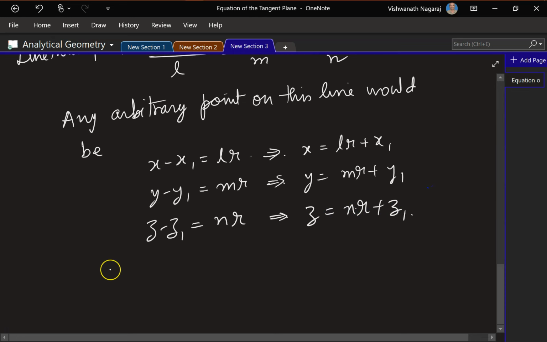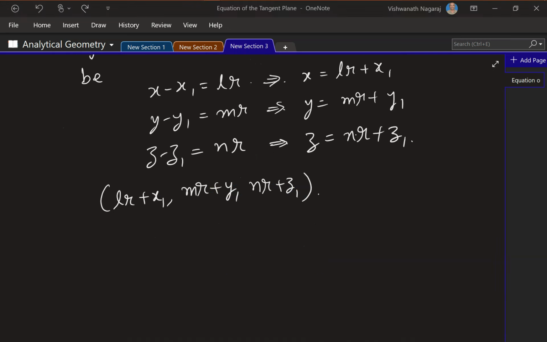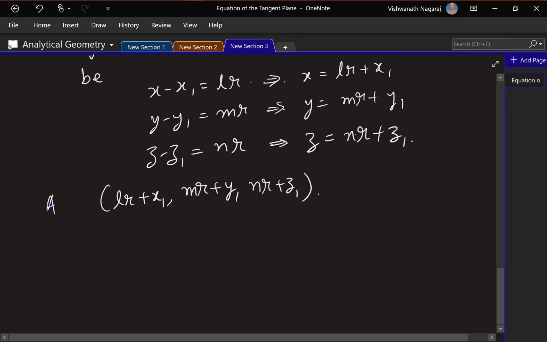So the coordinates of this arbitrary point would be (LR plus x1, MR plus y1, NR plus z1). Let's say this arbitrary point is A.